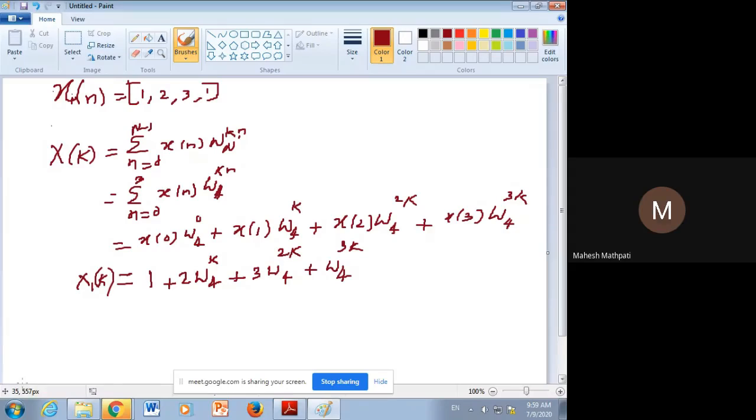What is the answer? Let me write it. x2 of k is equals to 4 plus 3 W4 raised to k plus 2 W4 raised to 2k plus 2 w4 raised to, how come it is 2k, madam?